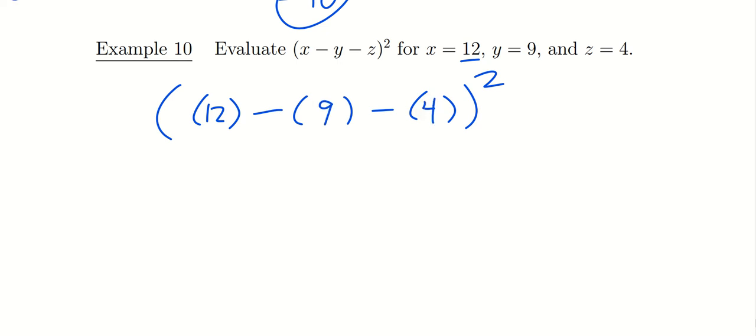Okay. So key step, we get everything substituted into the correct spot. We're now going to use order of operations to evaluate this. We have a parenthesis, so we have to do what's in the grouping symbol first. Within that grouping symbol, we only have subtractions, so they get done from left to right. 12 minus 9 would give us positive 3.